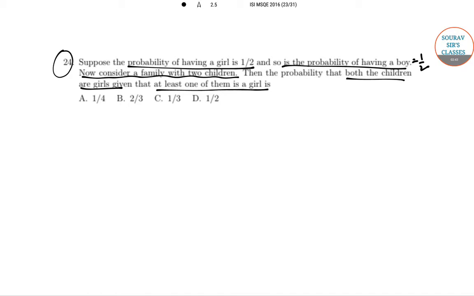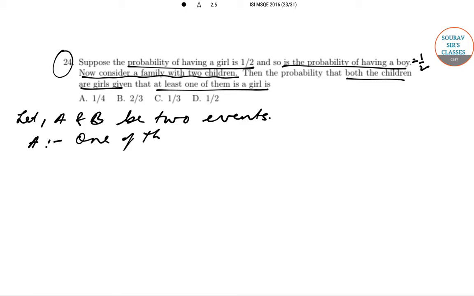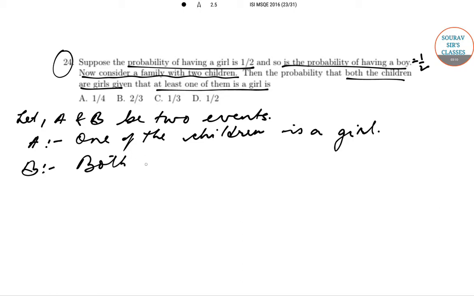So before that we have to define two events A and B. Now what are those two events? The event A is the event where one of the children is a girl, and event B is the event that both are girls.